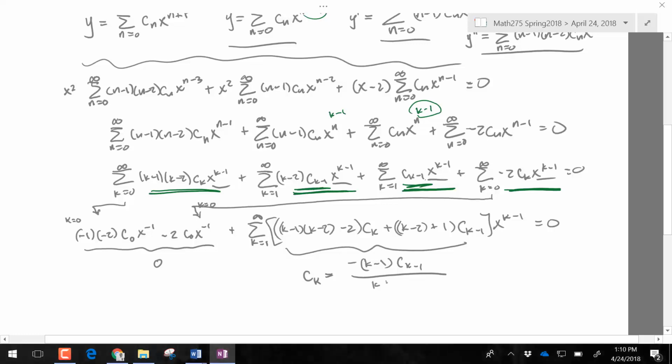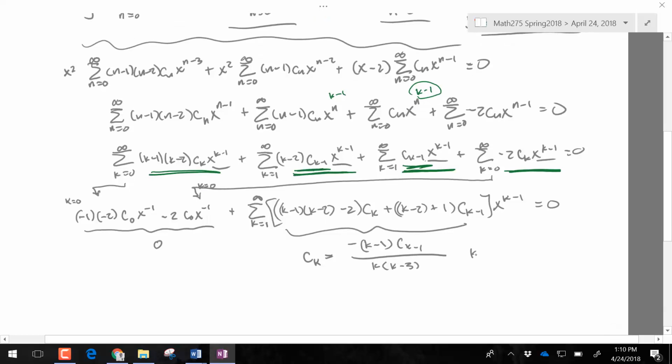Just k times k minus 3. If we multiply this out, it'll be k squared minus 3k plus 2, and then the 2 would cancel with the minus 2. And so this is our pattern for k starting with 1.